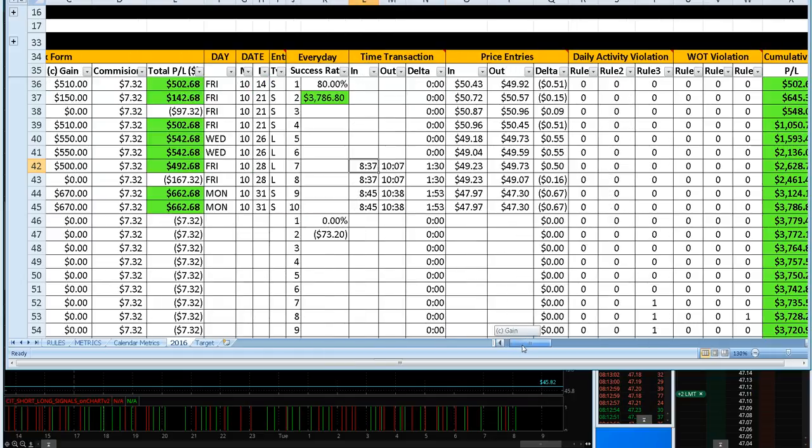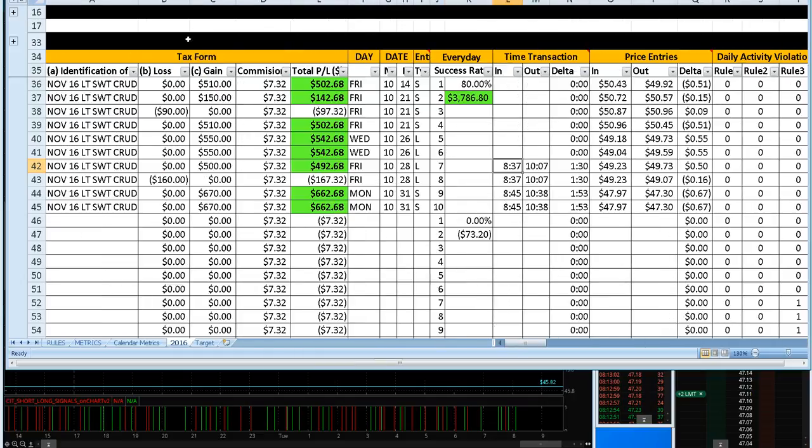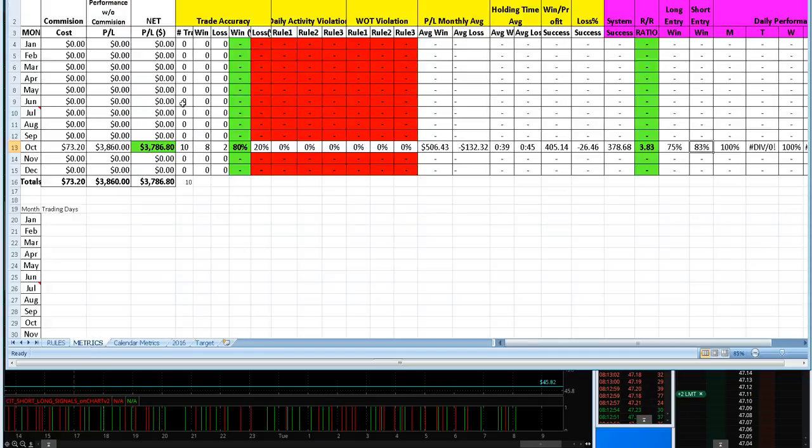Anyways, all this data that I put in gets rolled over to another worksheet, which is what you're seeing here. This is my scoreboard for when I violate my rules. I have a rule called WOT, which means while on the trade violation. So while I'm on the trade and I violate a rule, this would get pegged by some amount.